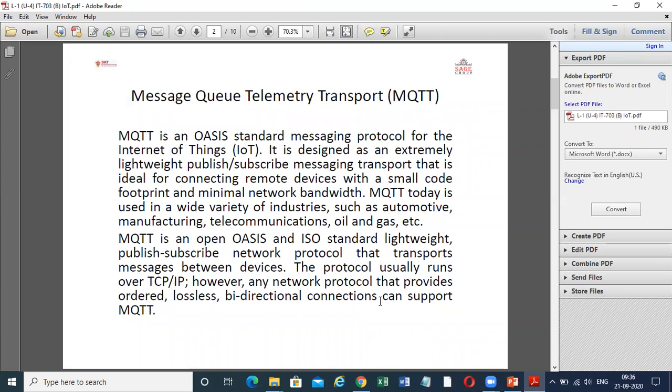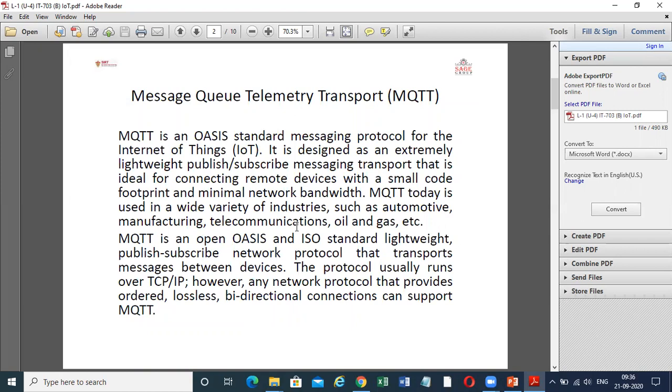MQTT today is used in a wide variety of industries such as automotive, manufacturing, telecommunications, oil and gas. Remember, in the last session we will come to the applications of MQTT. So you have to concentrate here that it is used in industries like automotive, manufacturing, telecommunication, oil and gas.